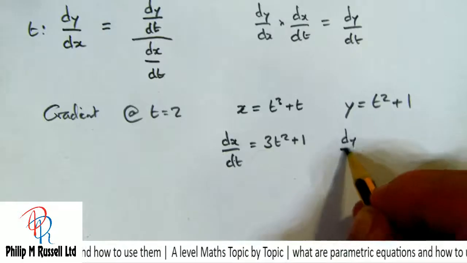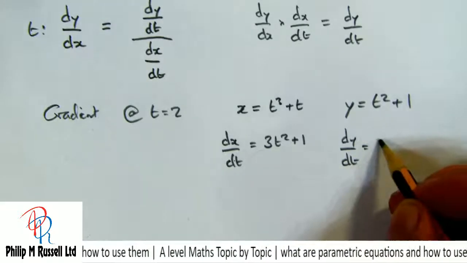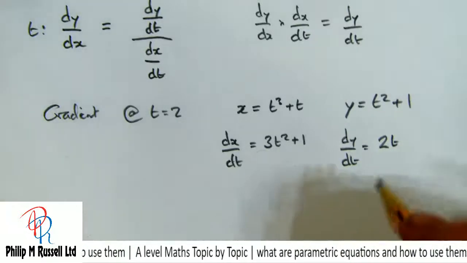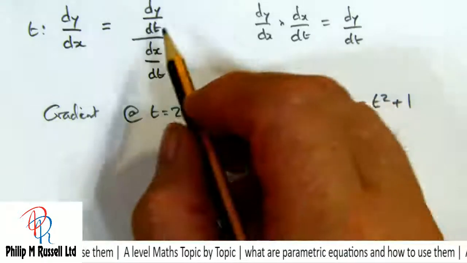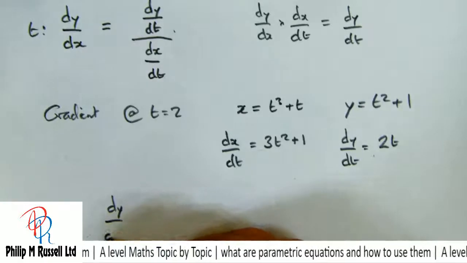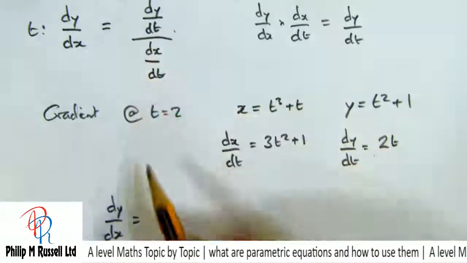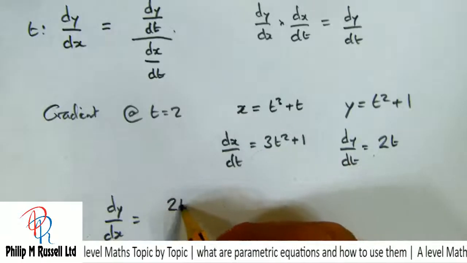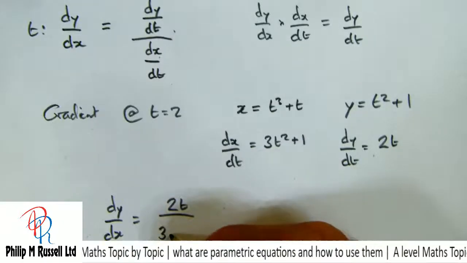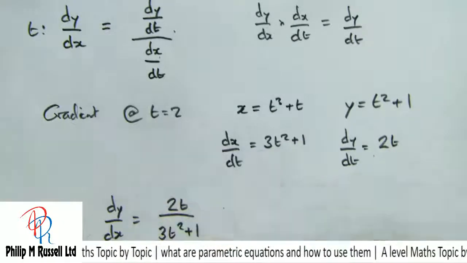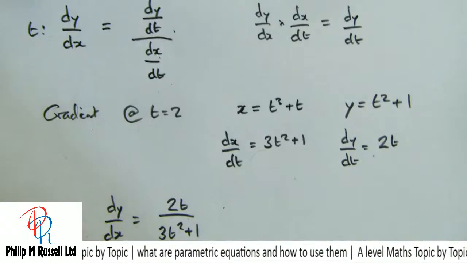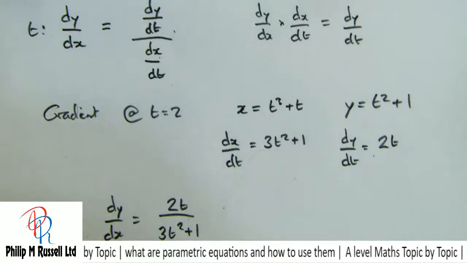And we can work out what dy by dt is, and that's going to be 2t. Now let's put this into this formula. So dy by dx is going to be dy by dt, which is 2t, all over dx by dt, which is 3t squared plus 1.